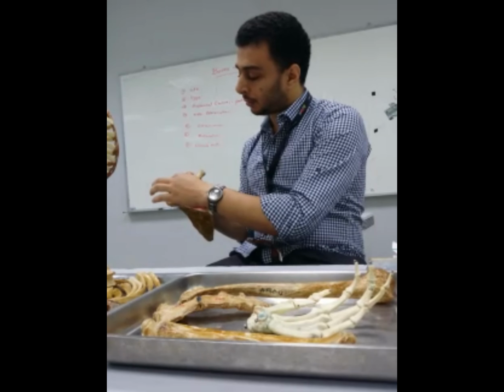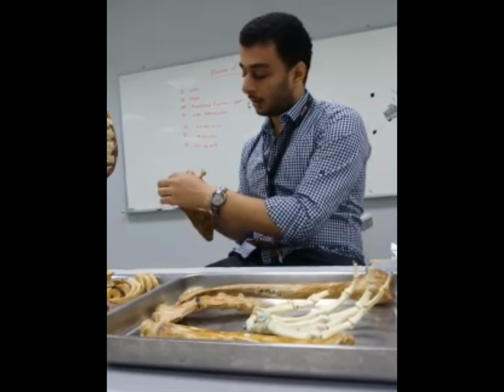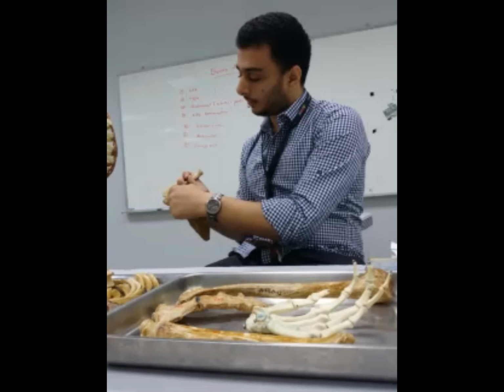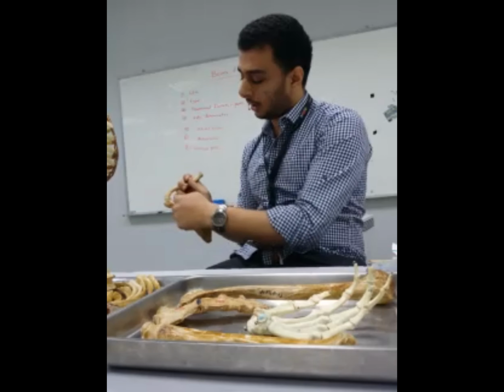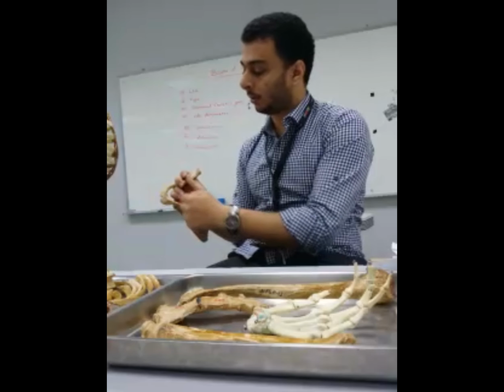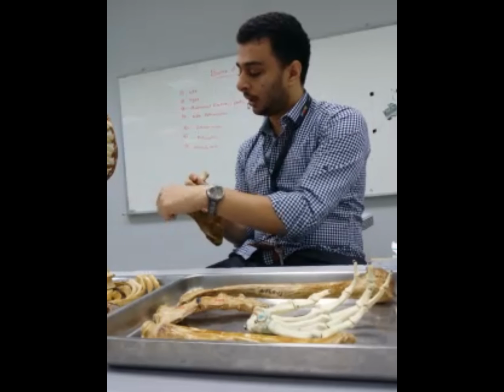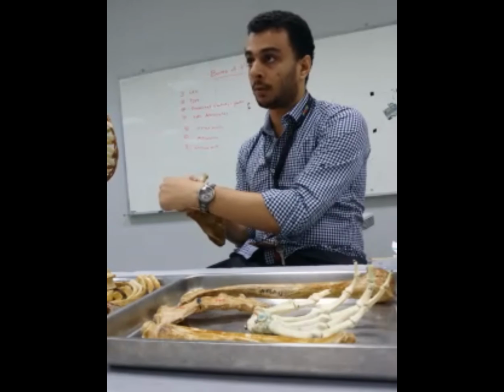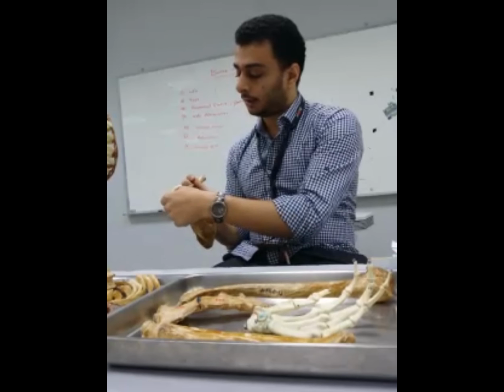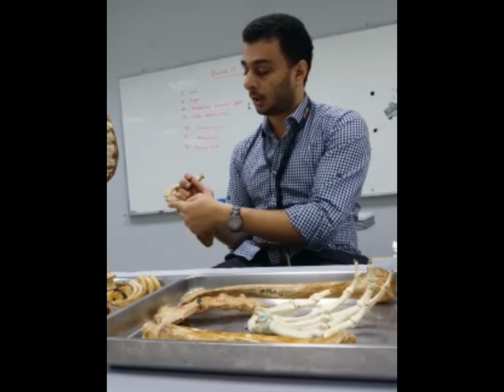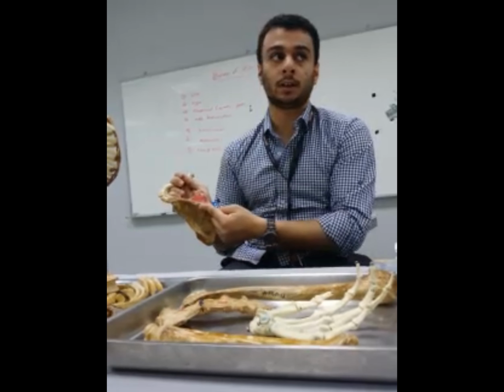So the posterior border of the lateral 1/3, then the medial border of the acromion and the upper lip of the spine of the scapula, all those will be trapezius, going up. For the deltoid, from the anterior border of the lateral 1/3, then from the lateral part of the acromion and the lower lip of the spine.